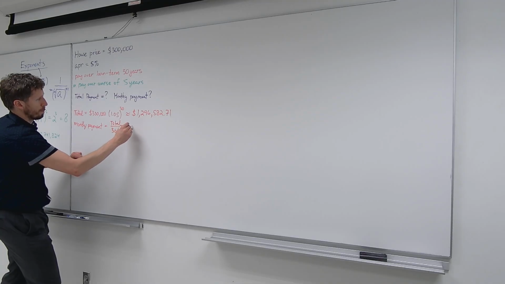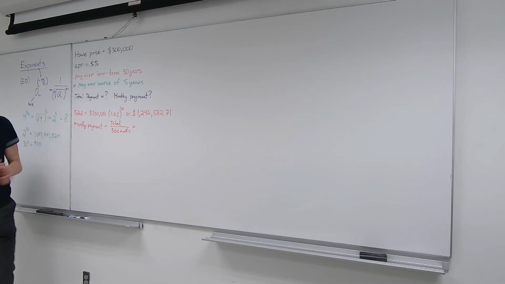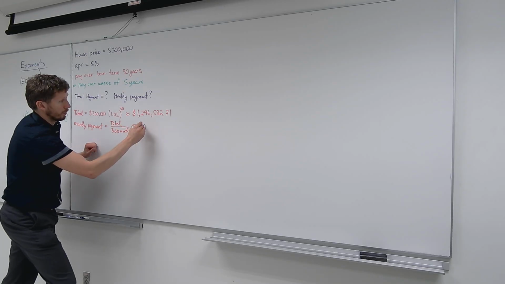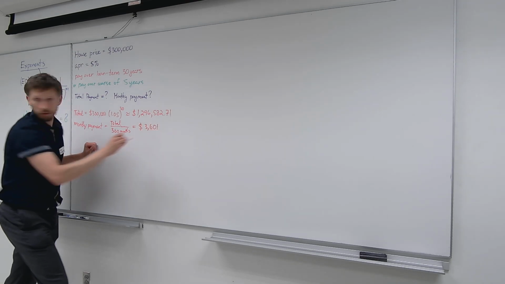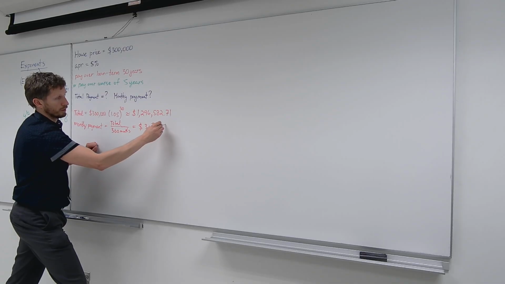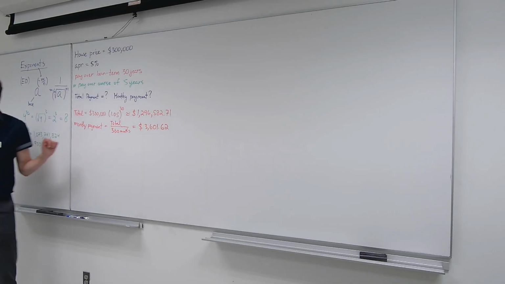What do you get? Somebody do it. How much is the payment? 3,601, how many cents? 62, right? Is that okay, rounded?